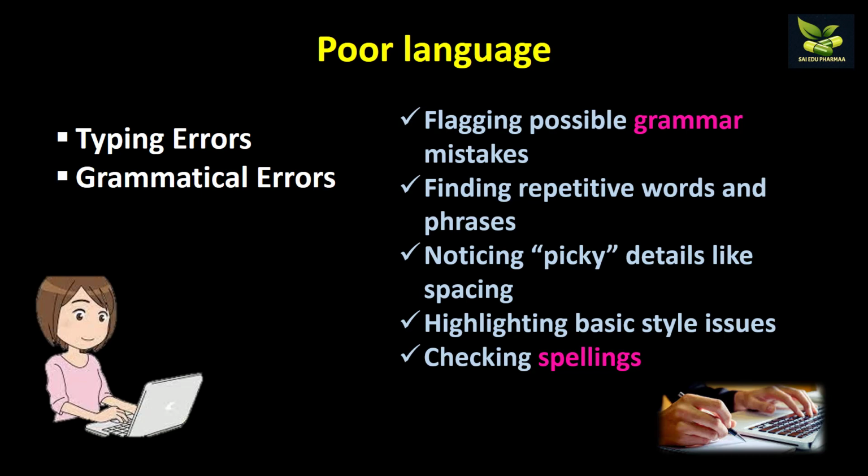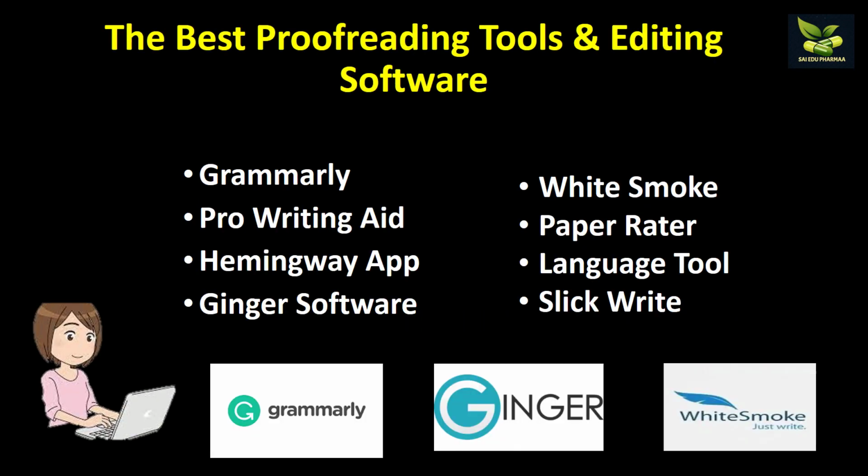So basically, because of artificial intelligence, these software not only correct spellings, but they also help us in editing our manuscript. These are names of some of the best proofreading tools and editing software: Grammarly, Pro Writing Aid, Hemingway app, Ginger Software, White Smoke Software, Paper Reader, Language Tool, SlickWrite.